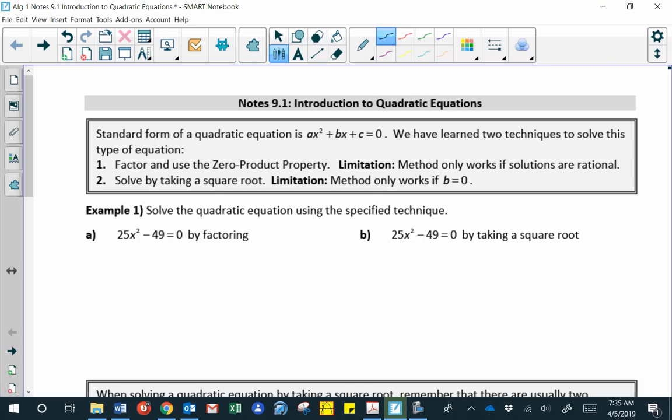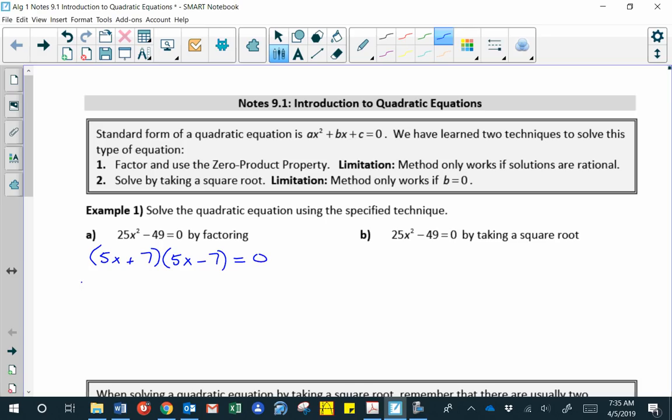So in example 1a, we have the equation 25x squared minus 49 equals 0. If we're going to factor and use the zero product property, we need 0 on one side. That's already happened. And then we need to factor 25x squared minus 49. That factors into 5x plus 7 and 5x minus 7.